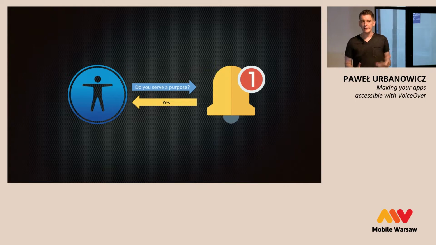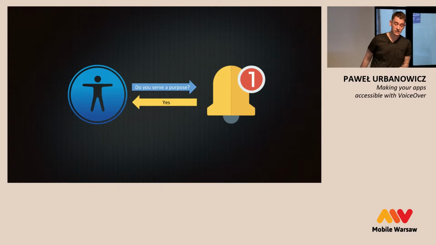So it probably is. It is in this case, because I'm sure that if the VoiceOver user would know that there is just one new notification waiting for him, he will be tempted to check what's underneath it. So we need to give this context, but to give this context, we firstly need to expose this control to VoiceOver, and we are doing that by answering this question.